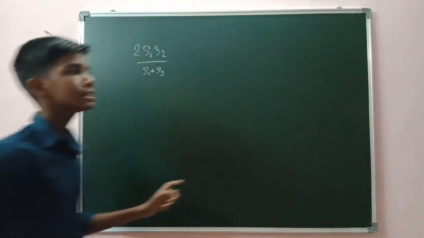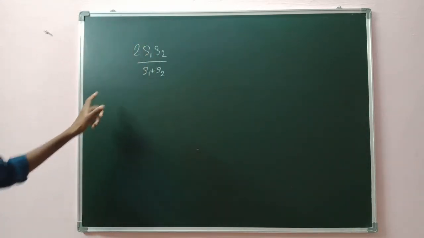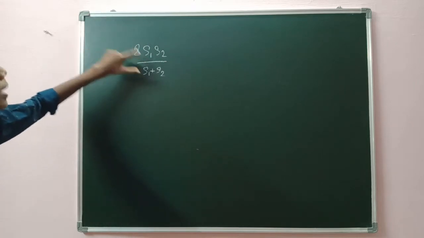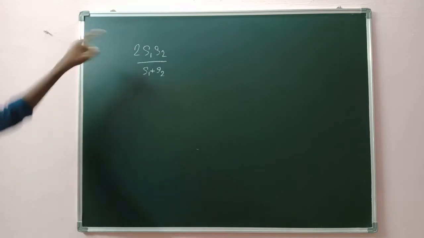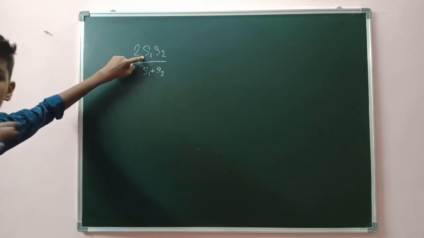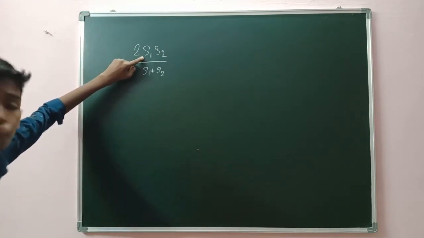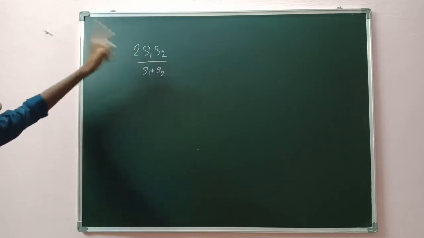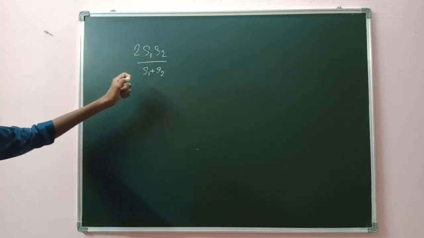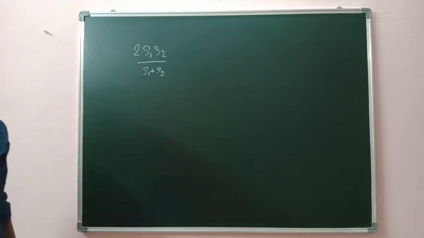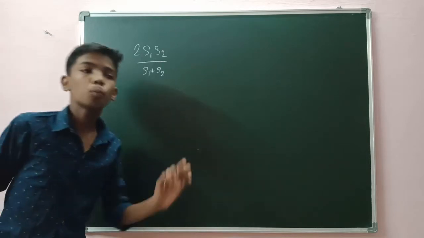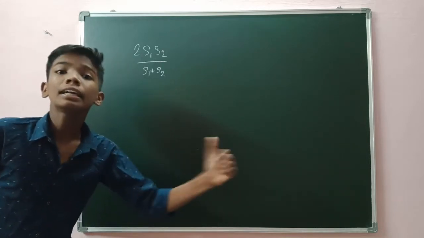What I am saying is, for traveling at the speed S1 there must be some distance, right? That distance must be equal to the distance traveled at the speed S2, and that is when you can use this formula. And both these distances will be the same when there's a return trip.